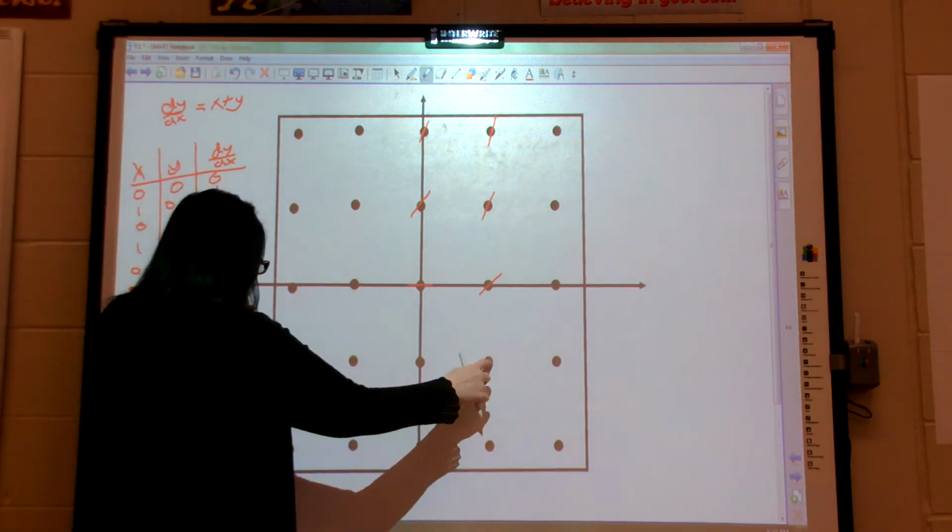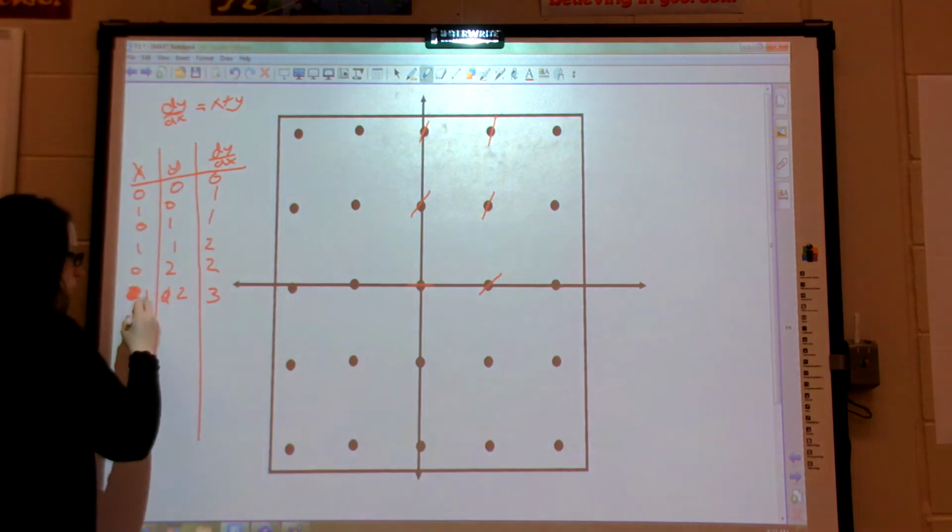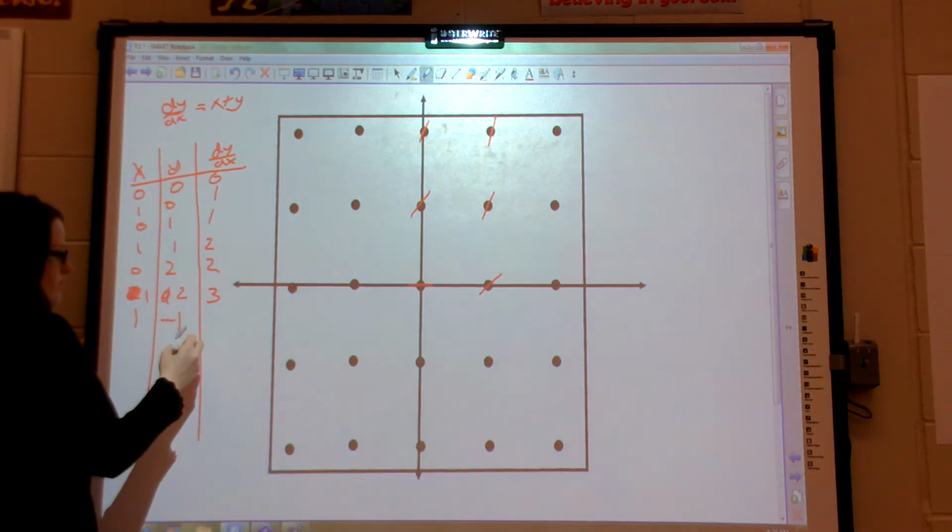Let's go down here. This is the point 1, -1, so your slope is 0.